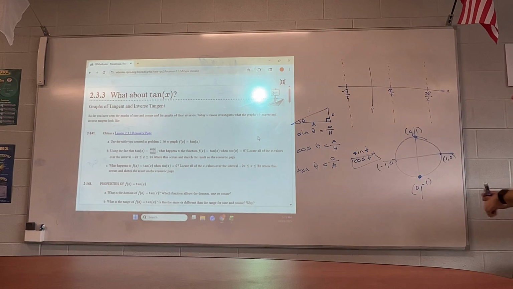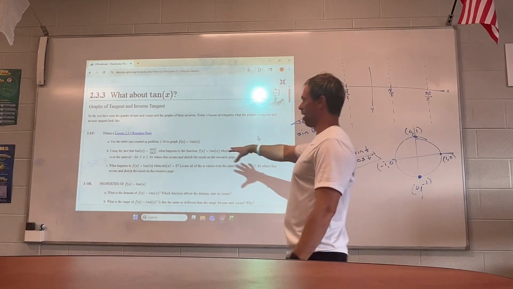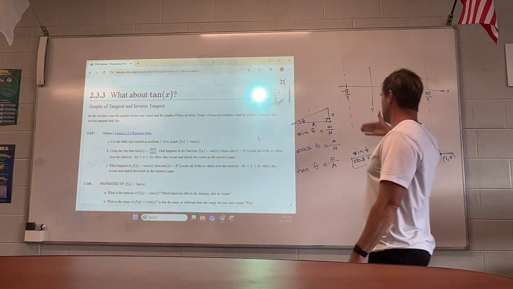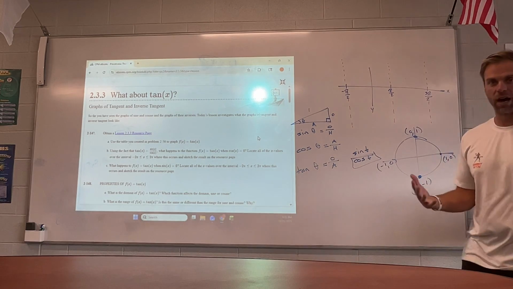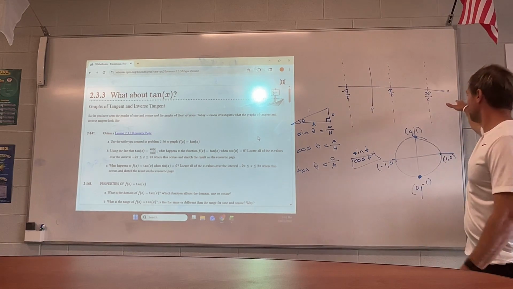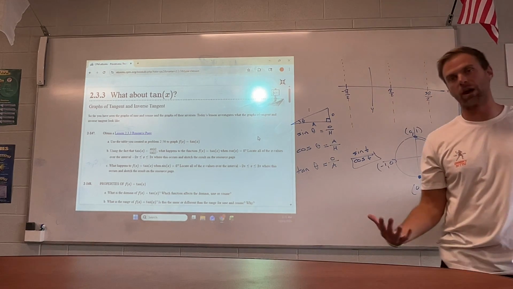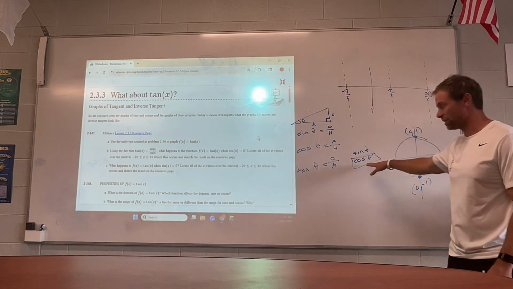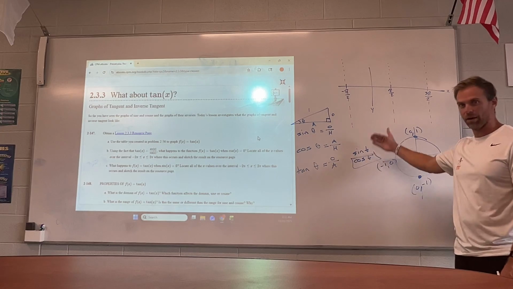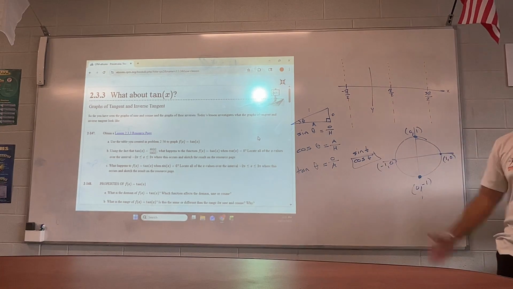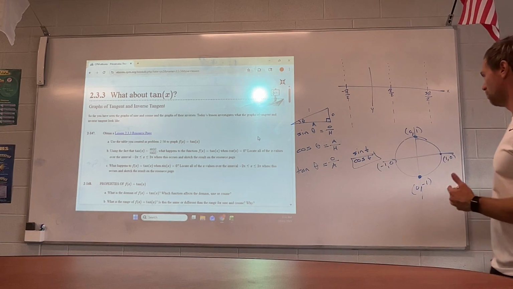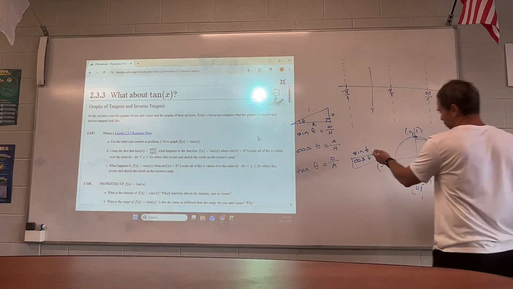All right, the next piece of investigating on our tangent graph would be if sine's 0. If sine's 0, we know it's crossing the x-axis, it's x-intercepts, because it doesn't matter what cosine is as long as cosine's not 0 also, which they can't both be 0 according to the unit circle. Where is sine 0?